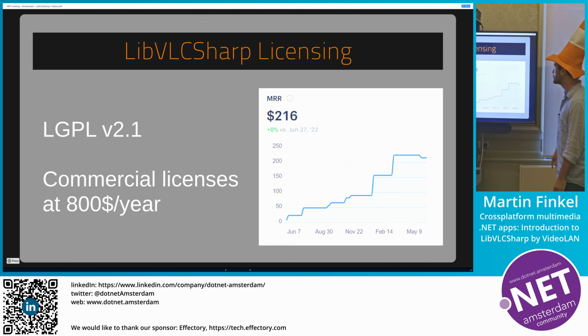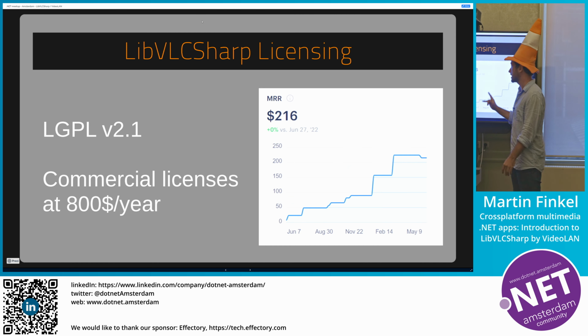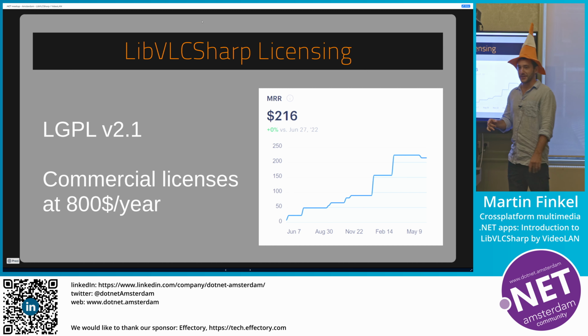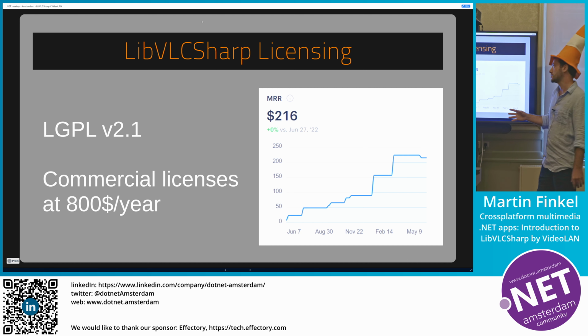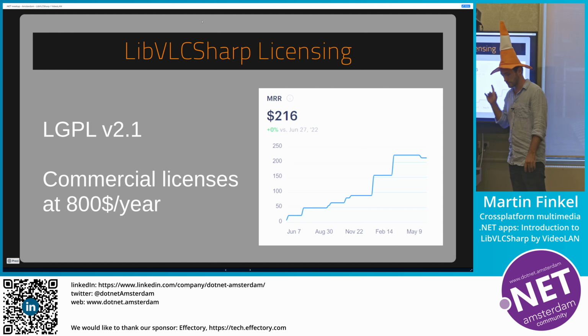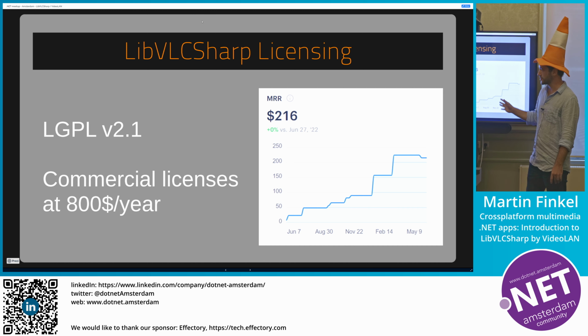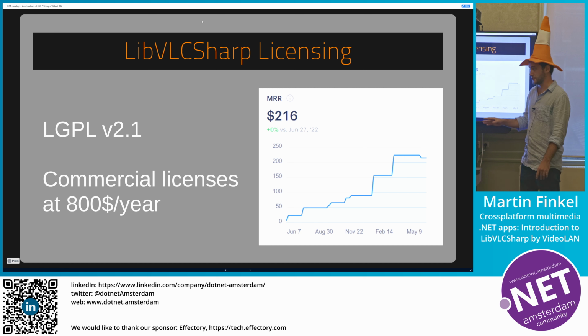I wanted to write a few words about licensing, back on the open source sustainability topic I was mentioning. So this is a dual license project, LGPL 2.1. I want to say a few words about this because I don't see many LGPL projects in .NET, and I am not a lawyer and licensing is hard.